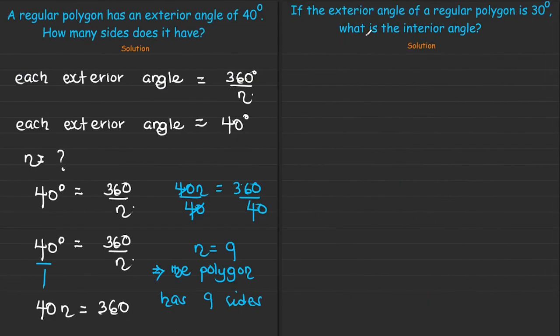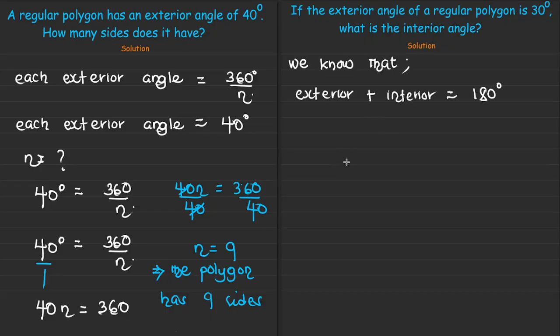If the exterior angle of a regular polygon is 30, what is the interior angle? So we know that exterior plus interior equals 180. And we also know our exterior angle, which from the question is 30 degrees. So substituting, we have exterior angle 30 degrees, plus the interior angle, let's just make that I, equals 180 degrees.